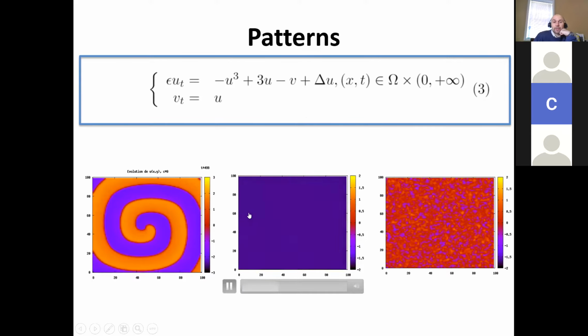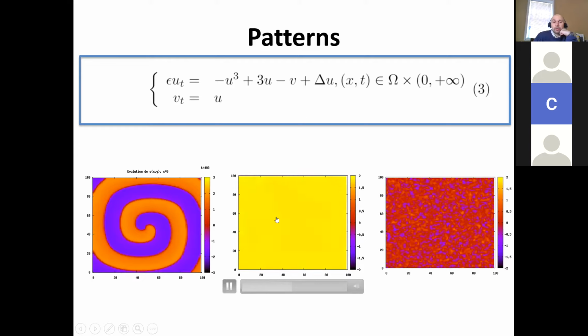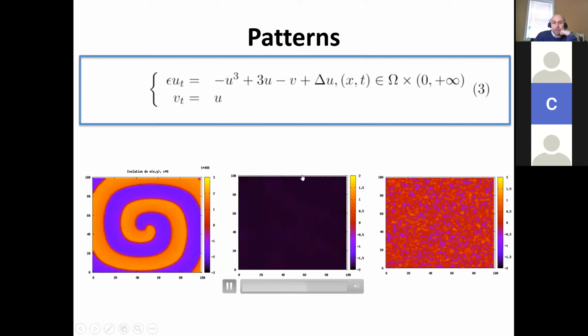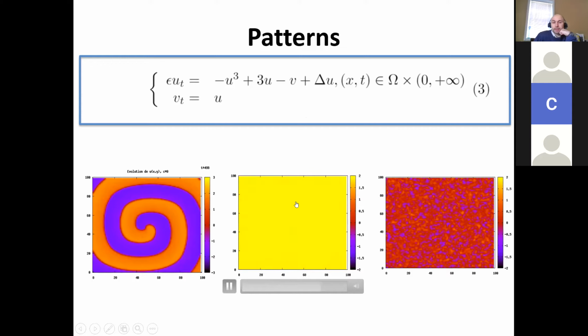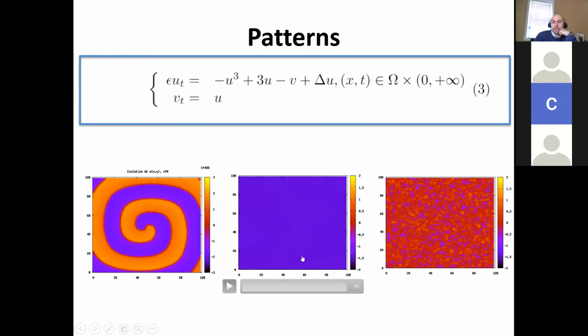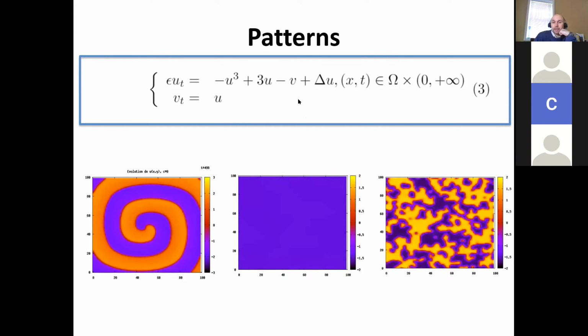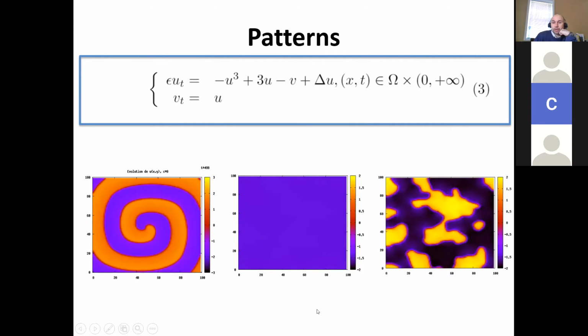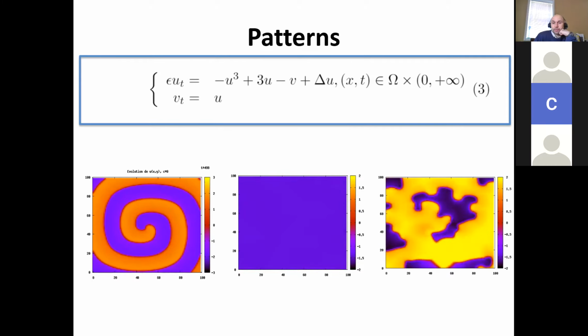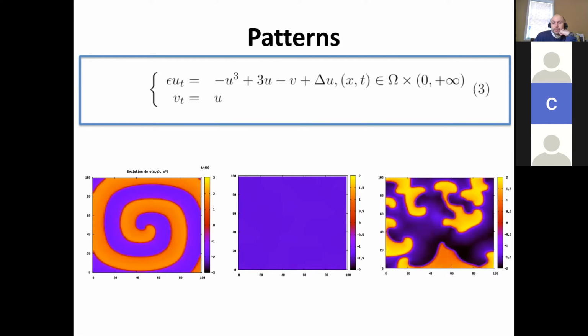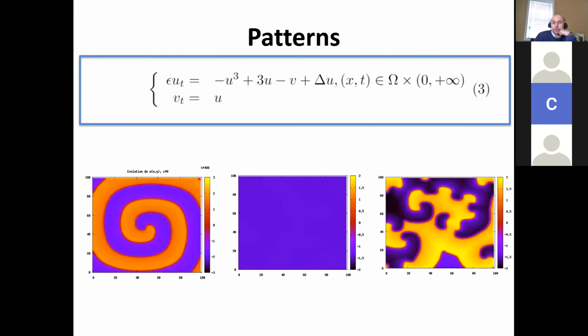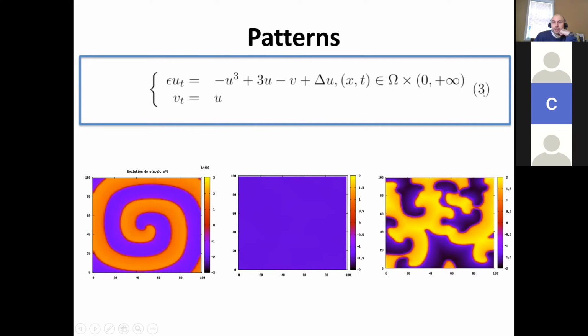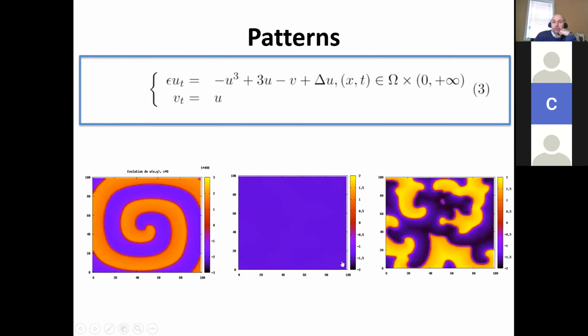I will show you that in a few minutes, but now you can see that for every x, the value is almost the same, but it depends on t. And then again, the same equation, but with other initial conditions. So all those are solutions of this equation, but with different initial conditions.